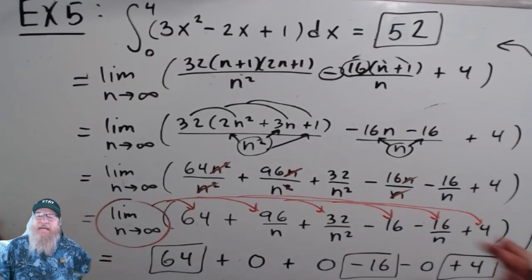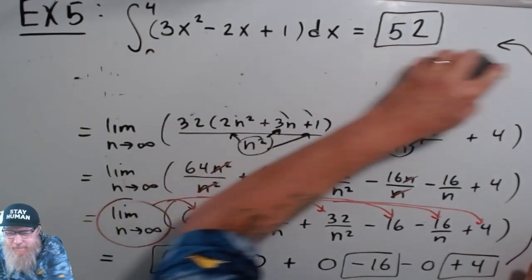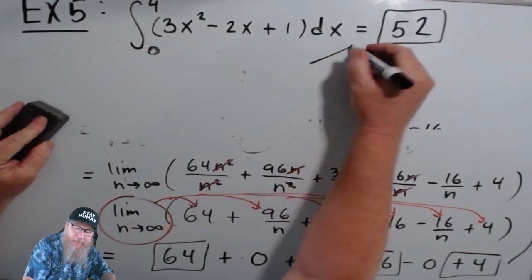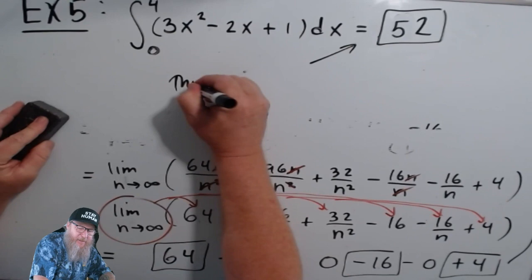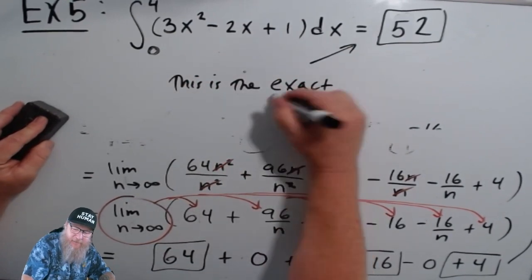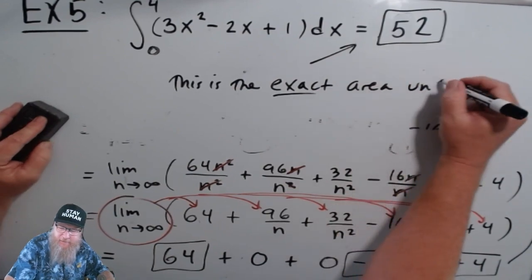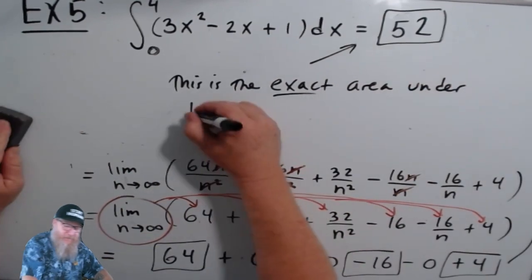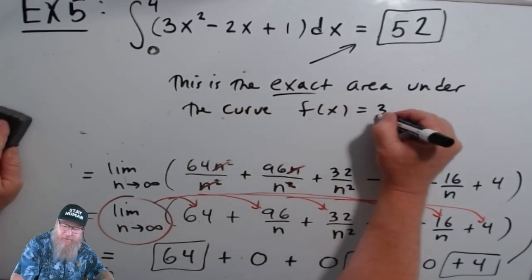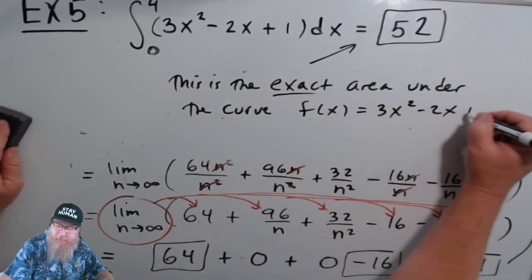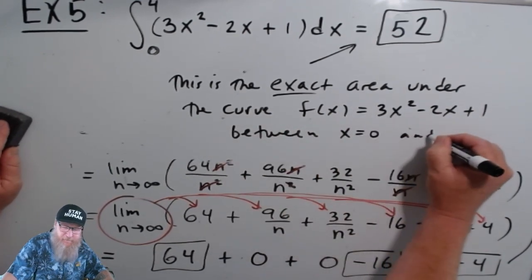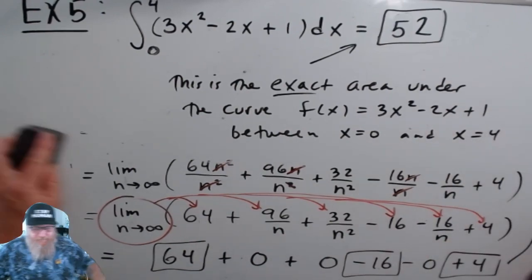What does this mean? Just a reminder, this is the exact area under the curve f of x equals 3x squared minus 2x plus 1 between x equals 0 and x equals 4.